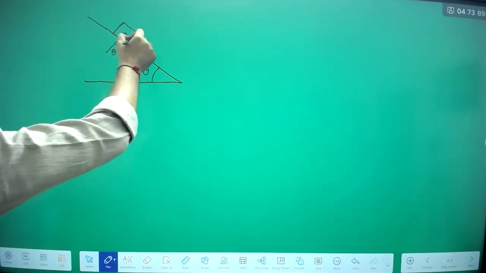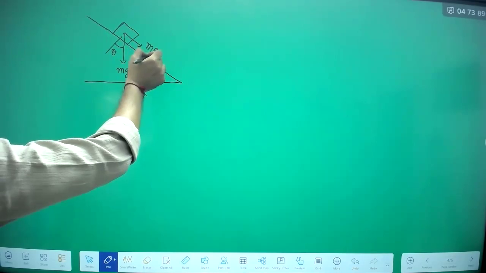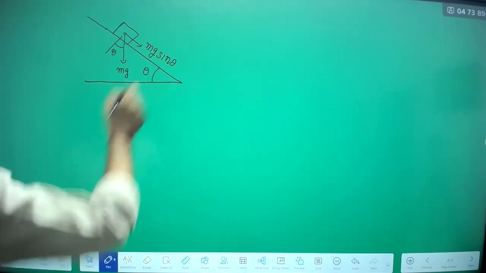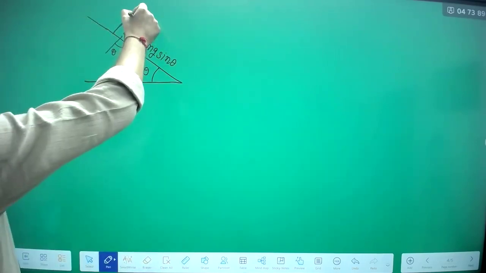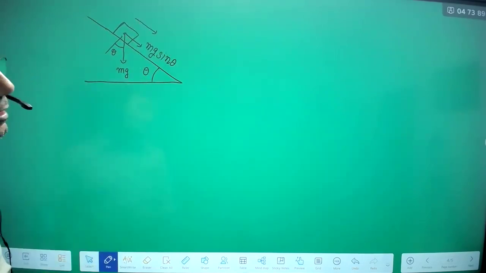So in this direction a component of weight will act, that will be mg sin θ. If you make this θ quite large, then due to a component of its weight, it will have an acceleration in this direction.